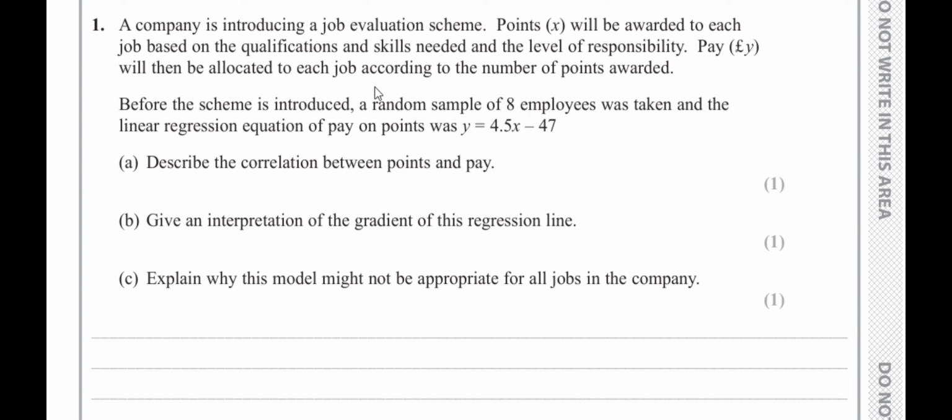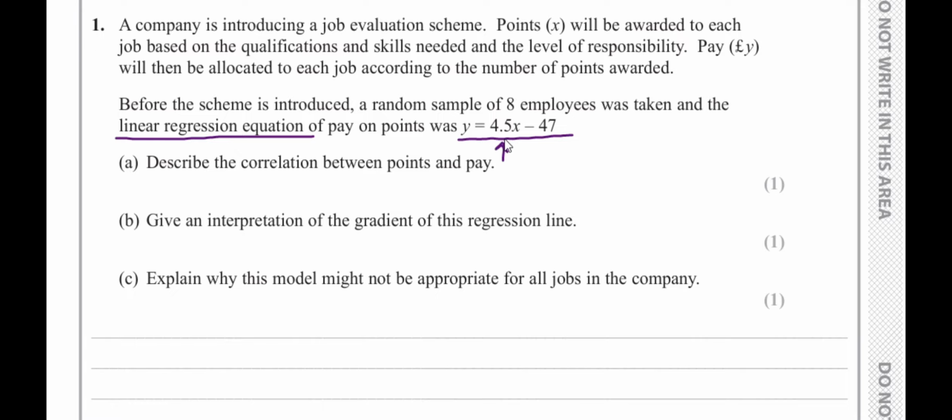So please review the information given in the question. The key points are, it's a linear regression equation and the model is y is equal to 4.5x minus 47, which means this is similar to an equation of a line y is equal to mx plus c, where m is 4.5.